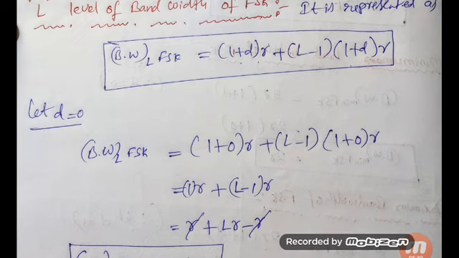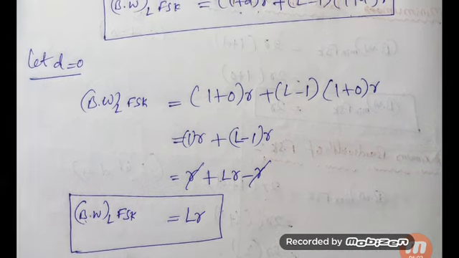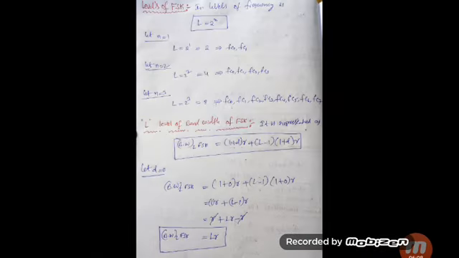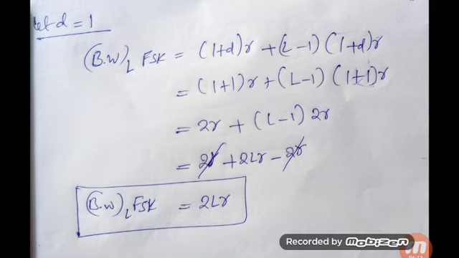The bandwidth level of FSK is equal to (1 plus 0) into r plus (L minus 1) into (1 plus 0) into r, so the final equation is LR. At the same time, let us replace d equal to 1. When we replace d equal to 1, the final equation is 2R plus 2LR minus 2R. The 2R's cancel, and the final equation is 2LR.